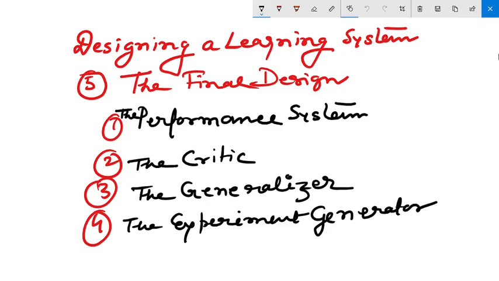And lastly we have the experiment generator, which takes as input the current hypothesis and outputs a new problem, that is an initial board state, for the performance system to explore. Its role is to pick new practice problems that will maximize the learning rate of the overall system.